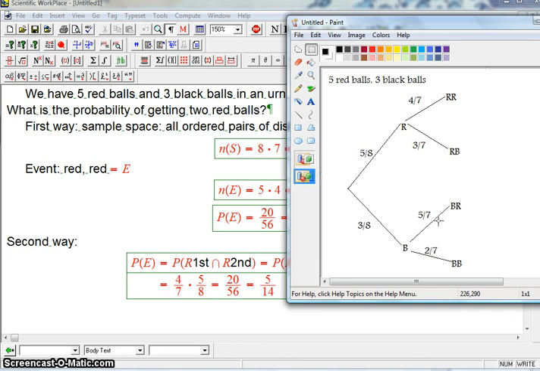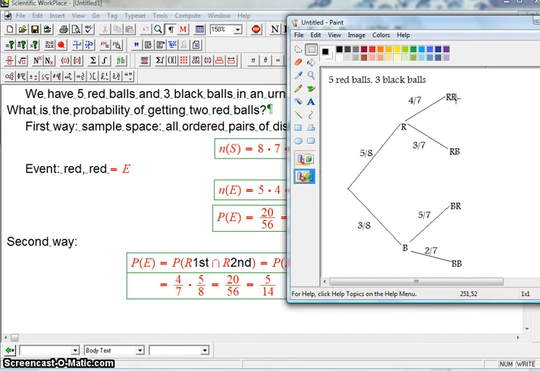So let me clarify something. This kind of tree diagram is different from the one I introduced briefly before. There's two kinds. A tree diagram, in one case, can be basically a systematic listing of the entire sample space. This is not that kind of tree diagram. Okay, these 4 things I've labeled here are not a sample space for this experiment. It's really important.